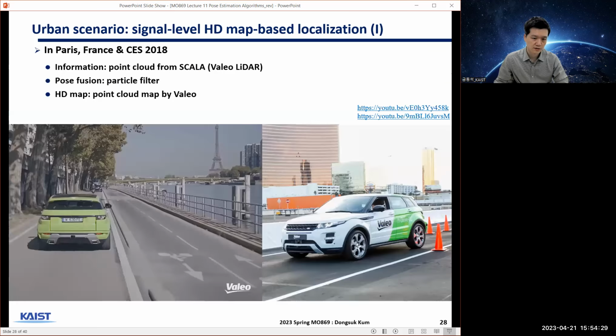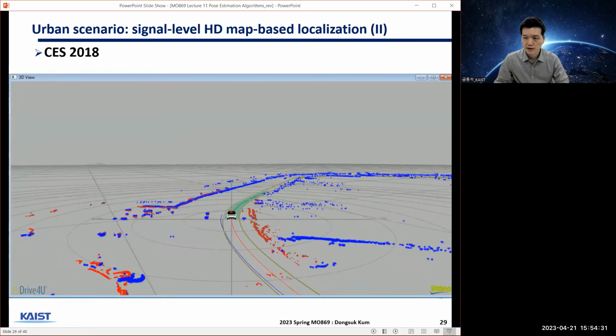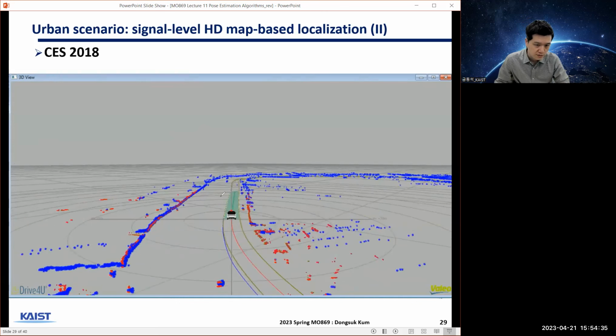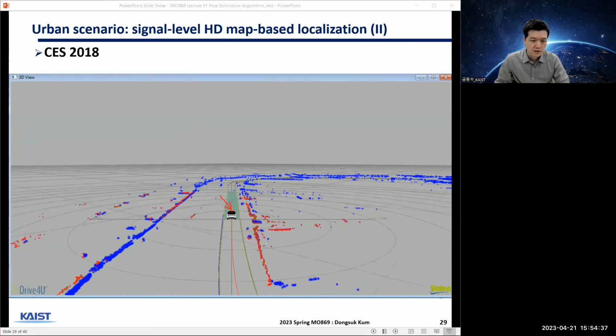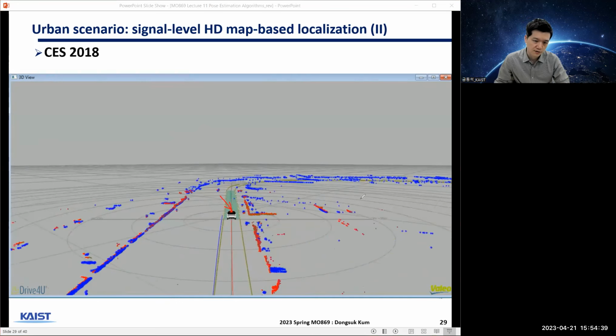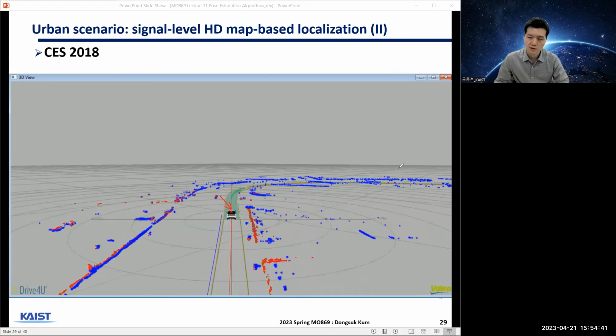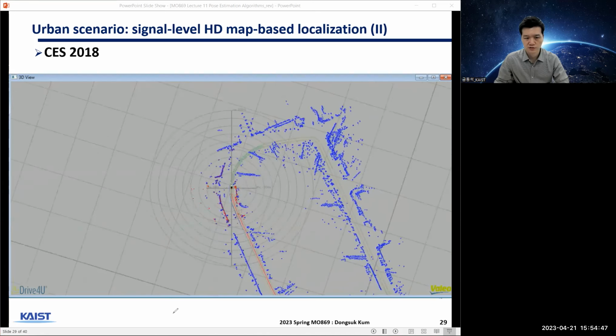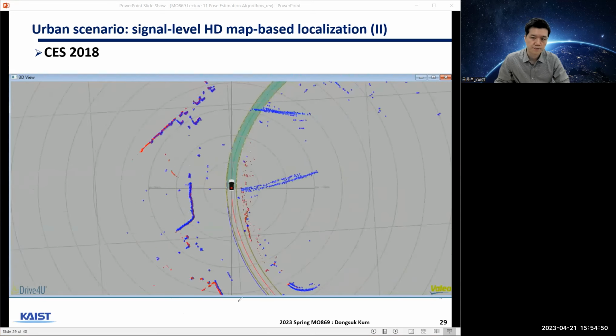And you can see that, can you guys see this part? I believe that's a distribution, the position distribution of the vehicle.